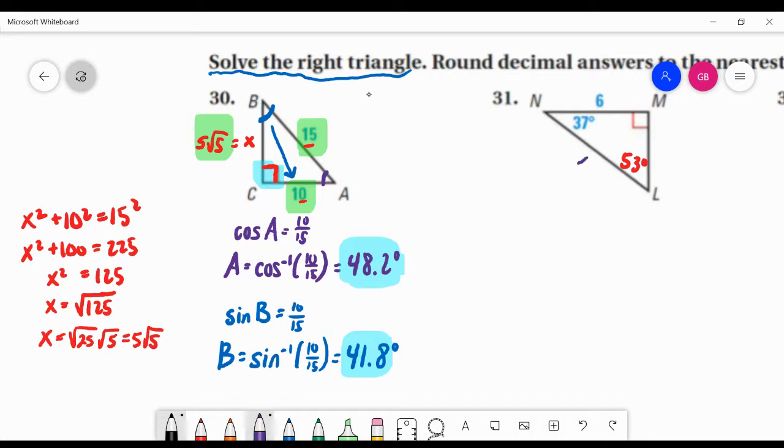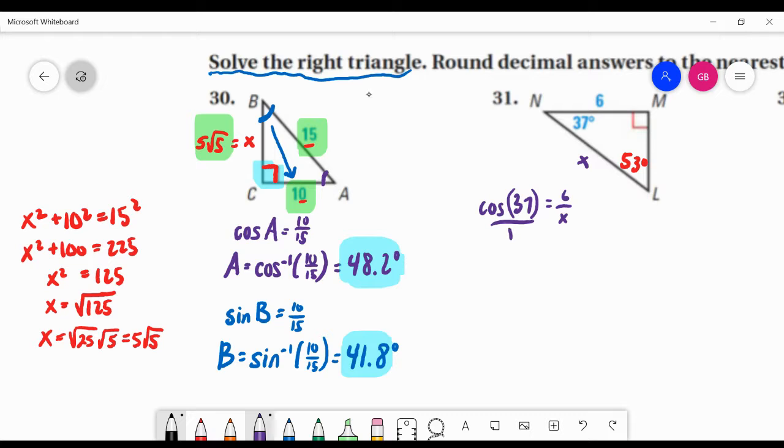Let's call this one x. To find x, I'm going to use the 37. X is the hypotenuse. The 6 is adjacent to the 37. So the trig ratio that uses adjacent and hypotenuse is cosine. So the cosine of 37 is 6 over x.